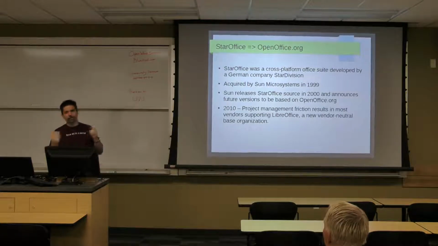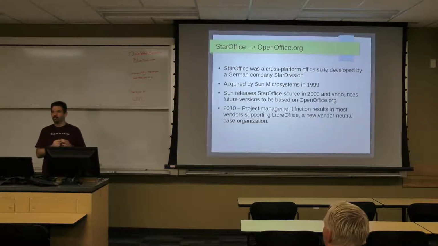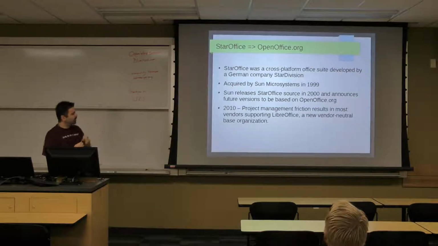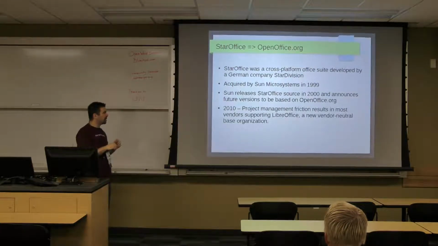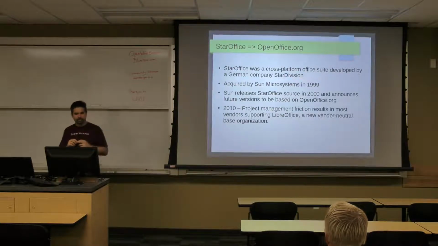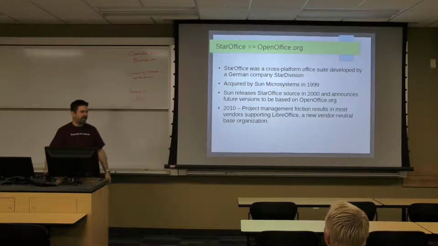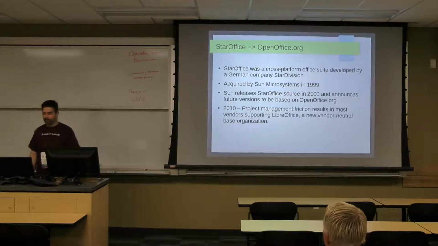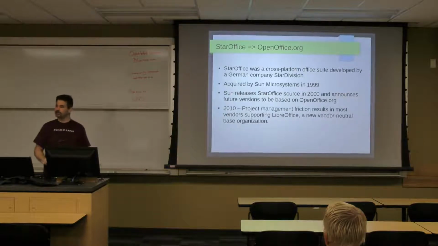They've gotten better; Oracle's redeemed themselves a bit, but at the time a lot of people were scared of what would happen to OpenOffice under Oracle's leadership. There was a fork of OpenOffice created called LibreOffice, and almost everybody jumped ship from OpenOffice to LibreOffice when that happened. So now LibreOffice is what pretty much everybody uses. And that's my presentation, and I timed it perfectly. Any questions?